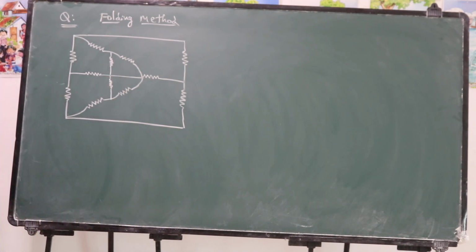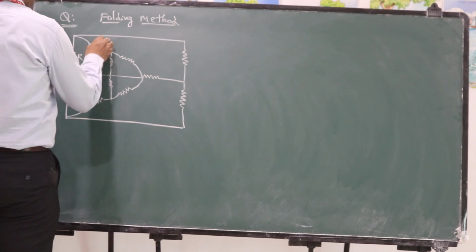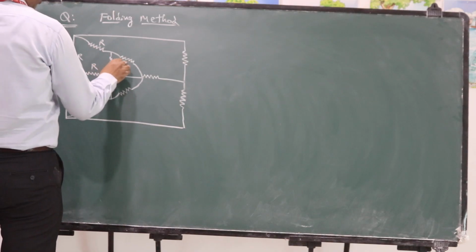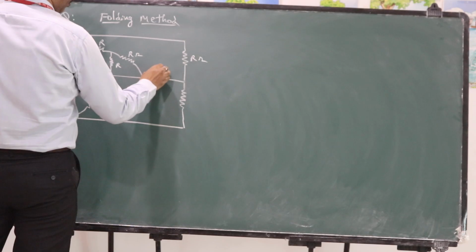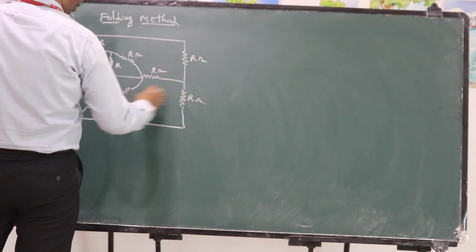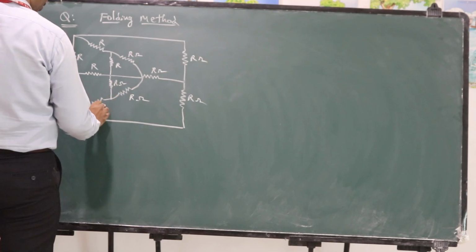This is the circuit given to us. Each resistor is having resistance R. All resistors are identical. Every resistance is R ohms.